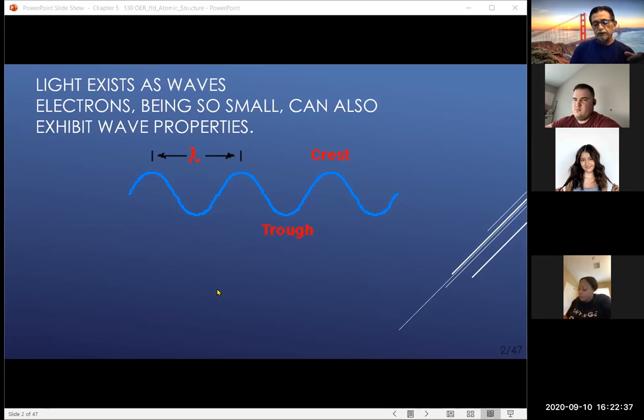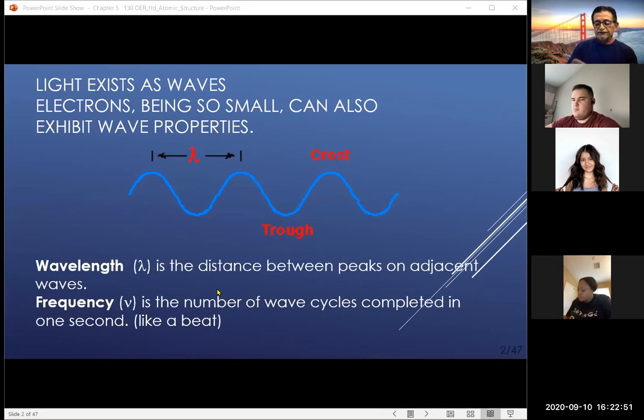That is the distance, in this scenario, from one crest to another. You can pick any spot on one wave as long as you pick the same spot on the next wave, and that is the same distance, okay? Now, that symbol, which is called lambda, is used to denote a wavelength. And that is the distance between the peaks here, between the crests.